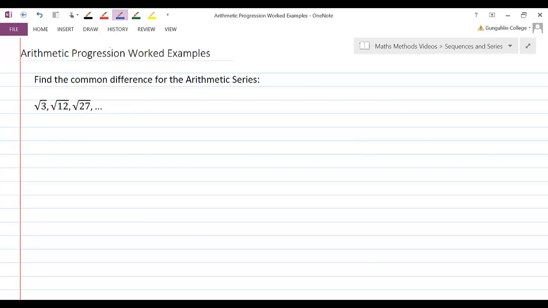To solve this question, we need to look at some of these terms and simplify them. I'm going to do a little bit of work over on the side. Let's think about the square root of 27. 27 can be written as 9 times 3. I've broken it into two factors where one of them is a square number; 9 is a square number.